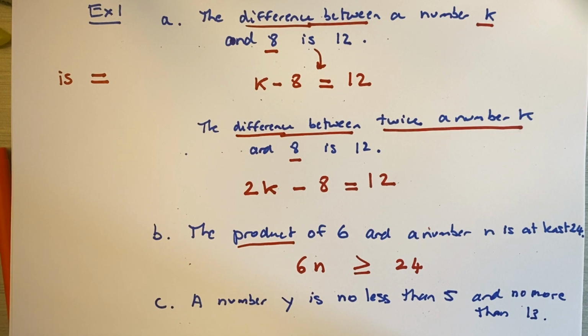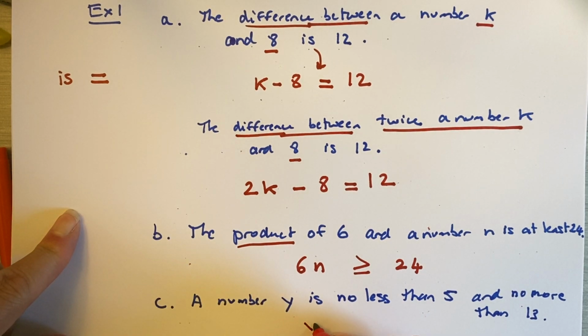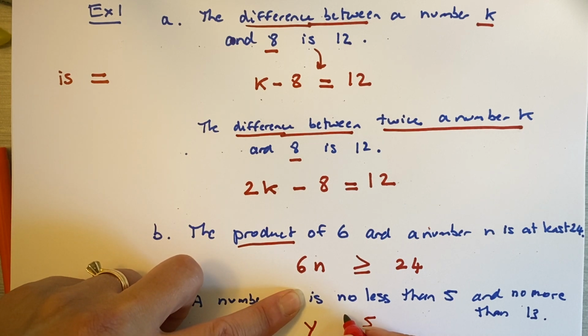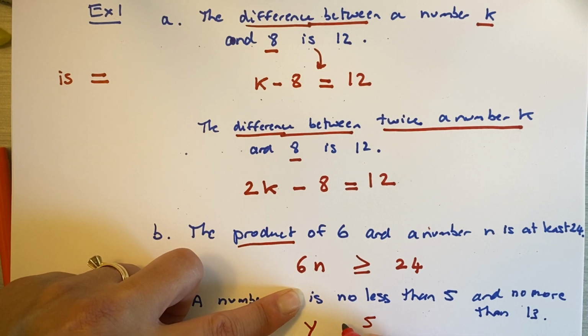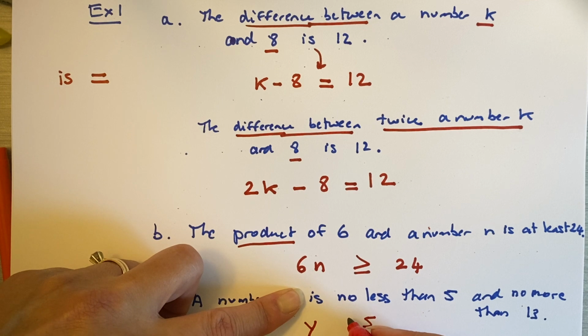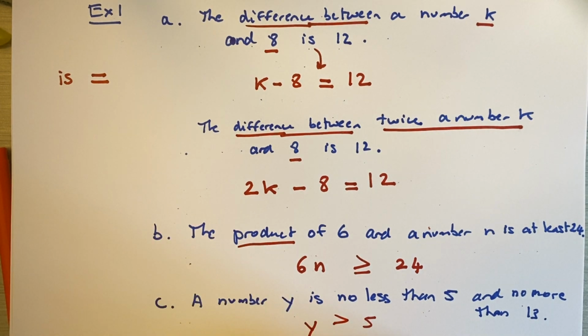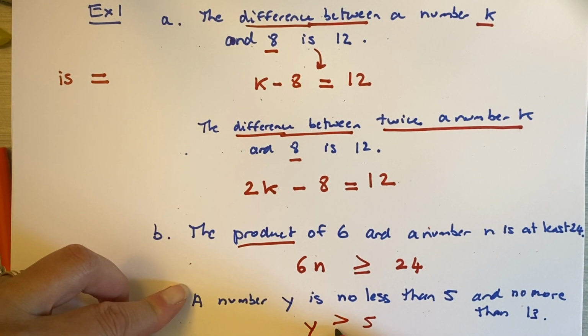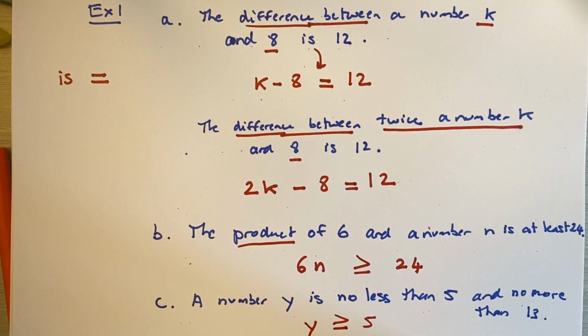Let's try this. A number y, what is it in relation to 5? It's no less than 5. Is 6 no less than 5? Yes, it is, because it's greater, so y is greater than 5. Is 5 no less than 5? Yep, it is, so it can be equal.